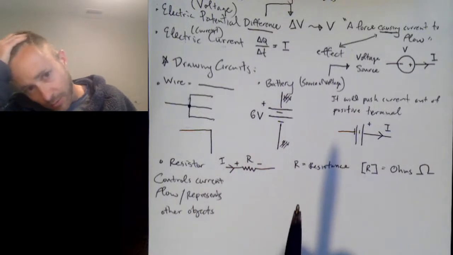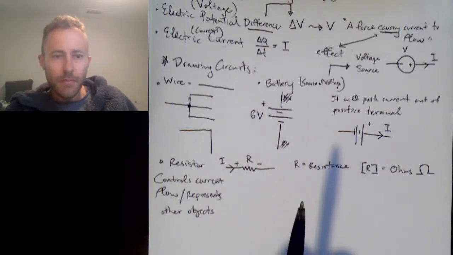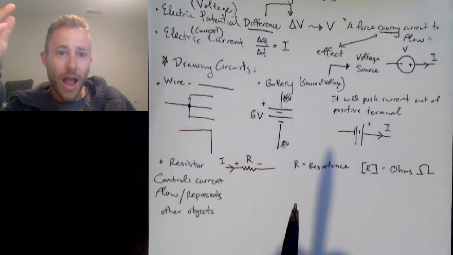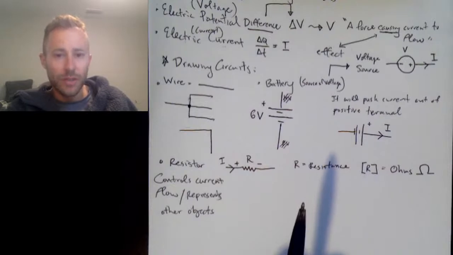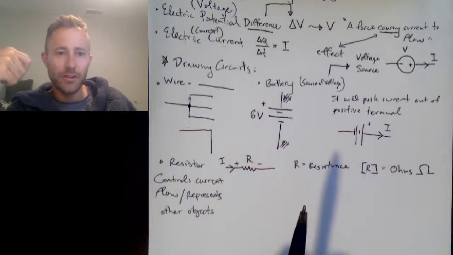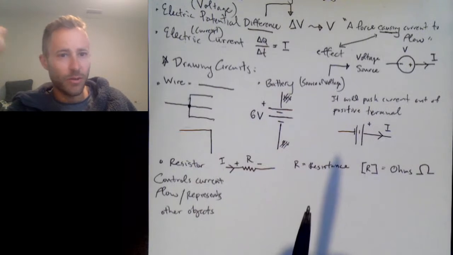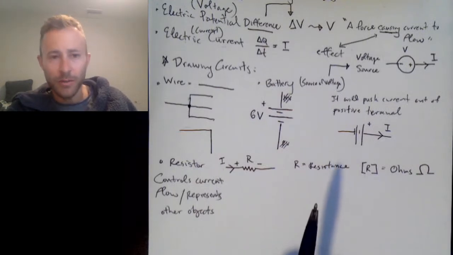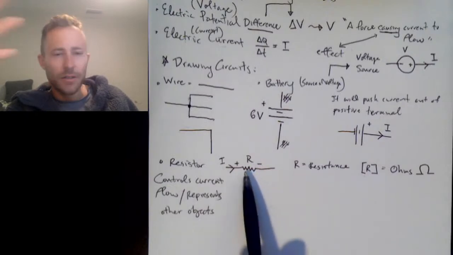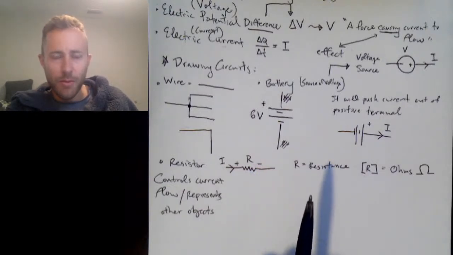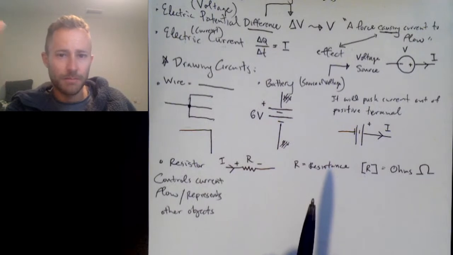Now, why is that? Well, it's because batteries are outputting energy into the circuit. Resistors are using that energy. They're taking in energy and either generating heat or light or lifting something or whatever they're doing. So it's the difference between outputting and consuming power.